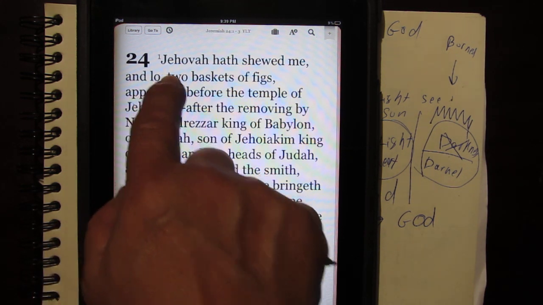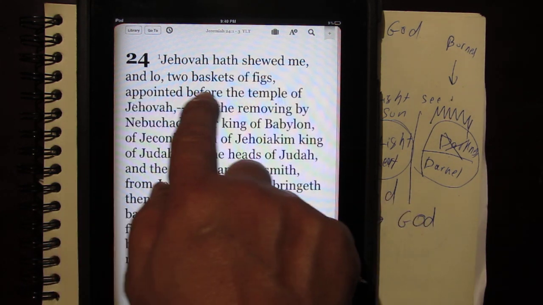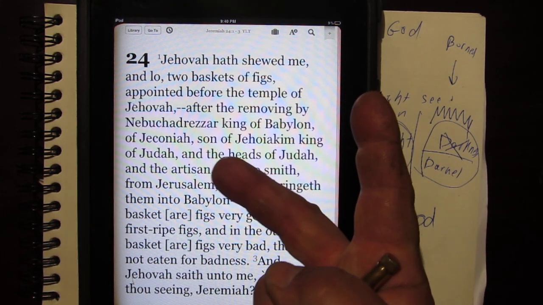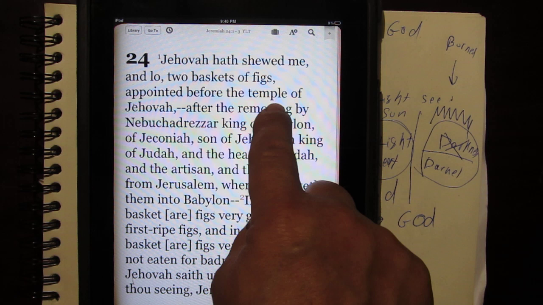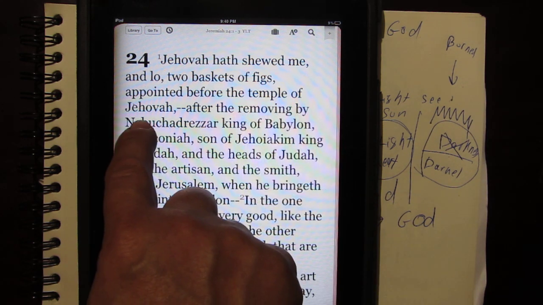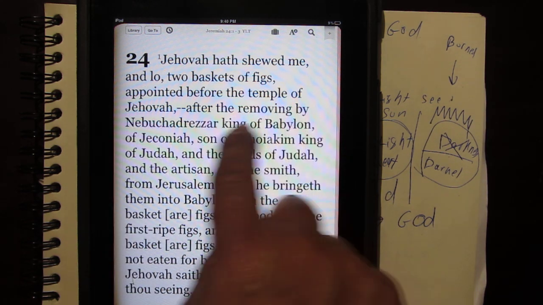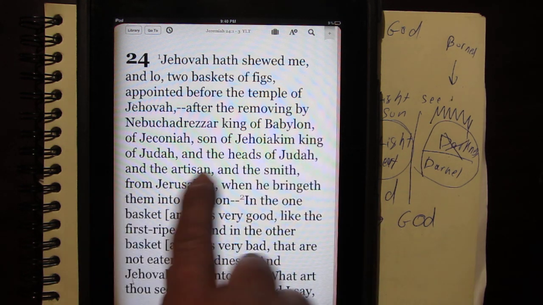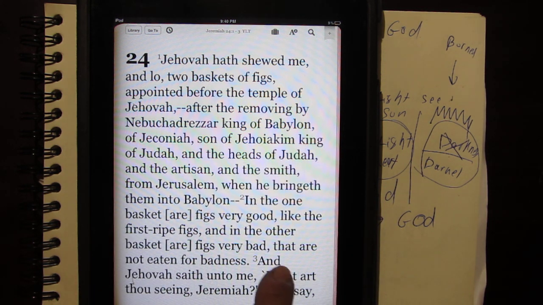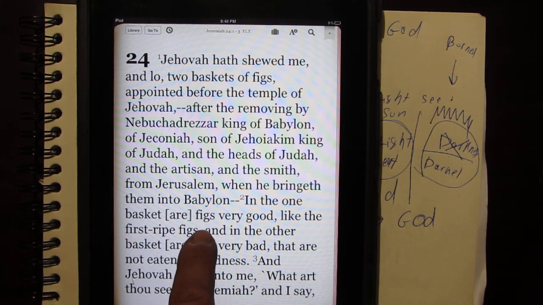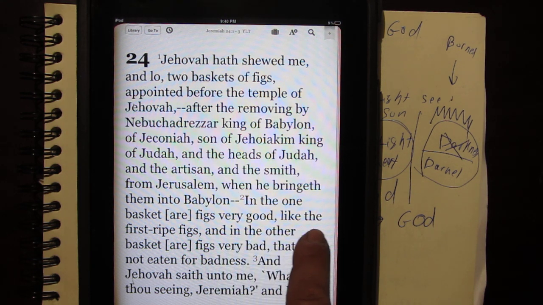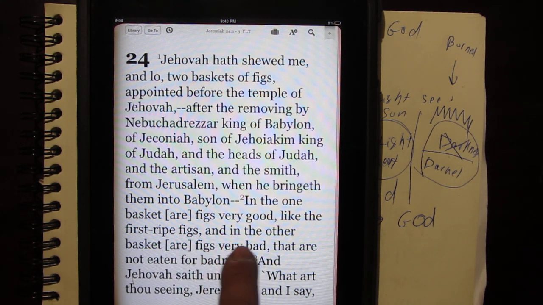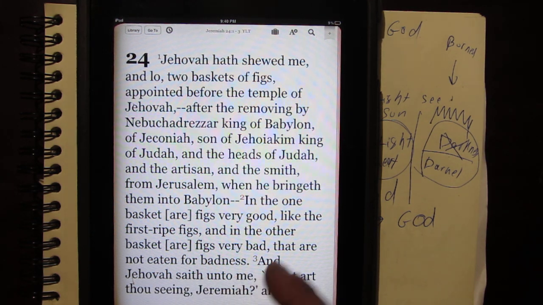We're going to go to the beginning of Jeremiah 24. 24:1. Jehovah or Yahweh hath showed me, lo, 2 baskets of figs appointed before the temple of Yahweh, after the removing by Nebuchadnezzar, king of Babylon. In the one basket, figs very good, like the first ripe figs, and in the other basket, figs very bad, that are not eaten for badness.